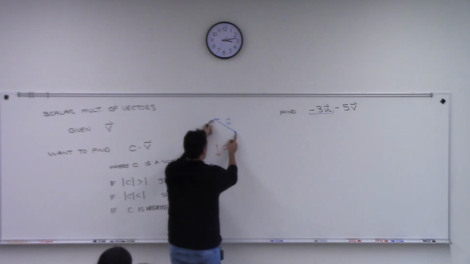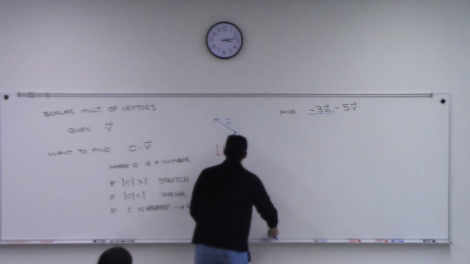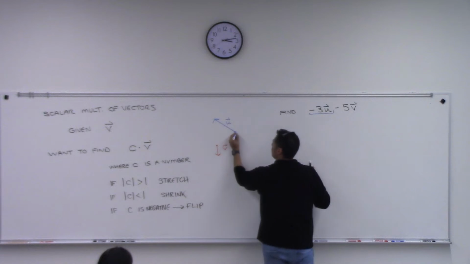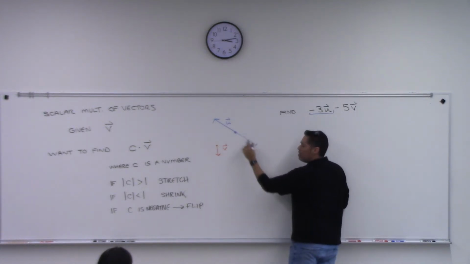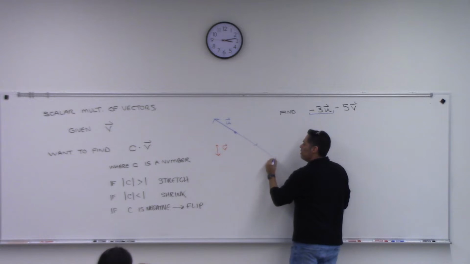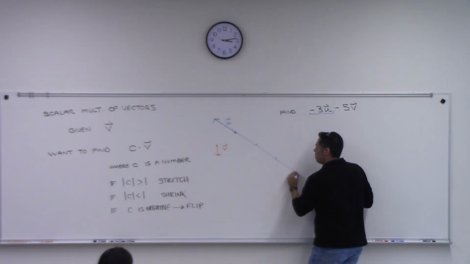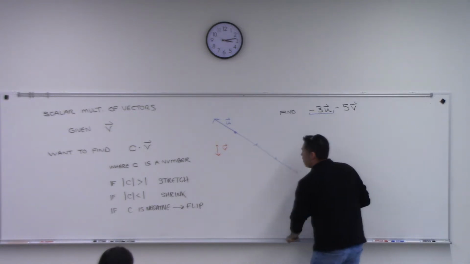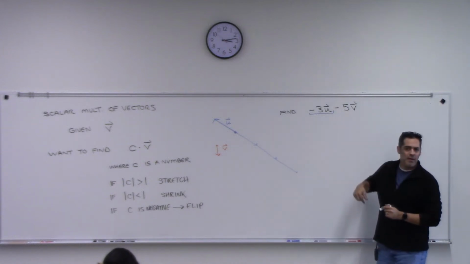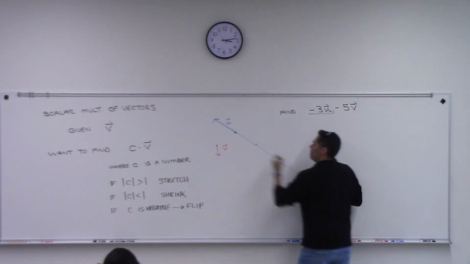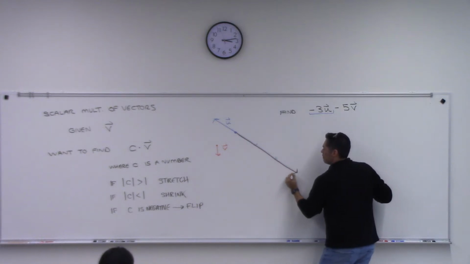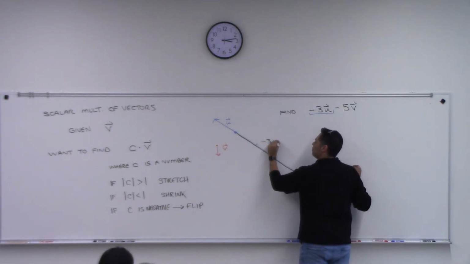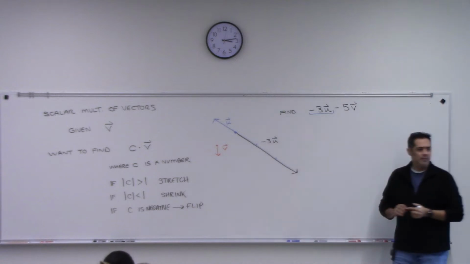So imagine taking this vector, flipping it over, and making it 3 times as long. That's the opposite direction, 1 times as long, 2 times as long, maybe 3 times as long. That vector right there. Do y'all see that that's u flipped over, 3 of them? This right here would be the vector negative 3u. Got it?